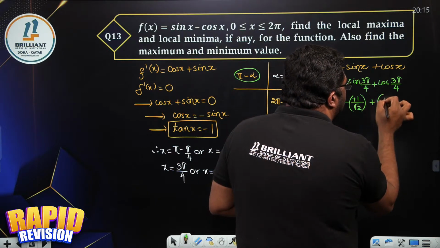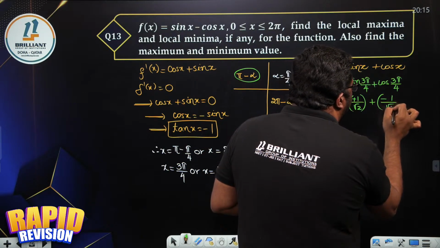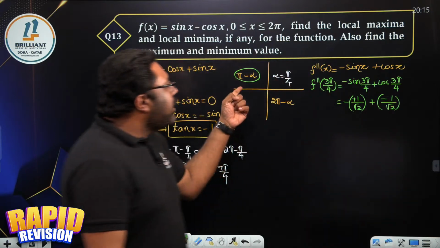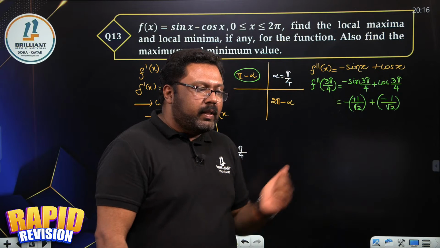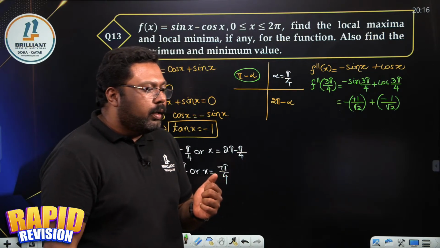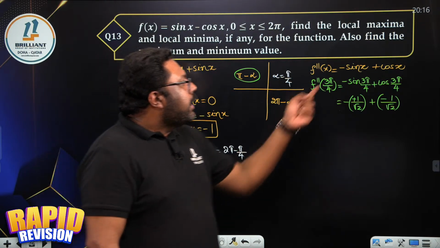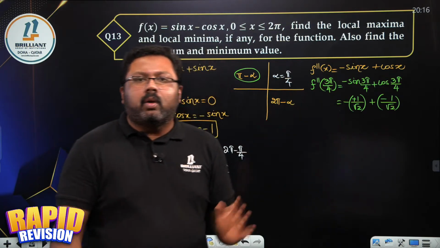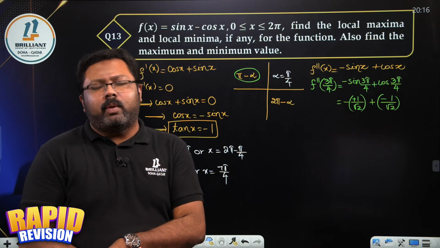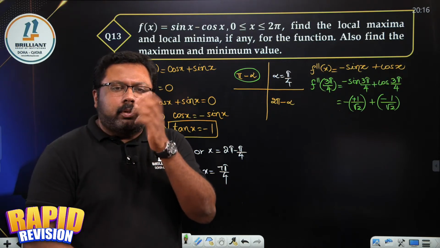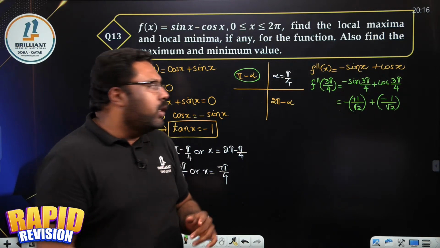Now negative 1 by root 2 for cos, because in the second quadrant cos is negative. So don't break your head too much on finding these. Okay? Got it? Just think what is the value of sine pi by 4, which is 1 by root 2. Just put 1 by root 2 and the correct sign for the quadrant.